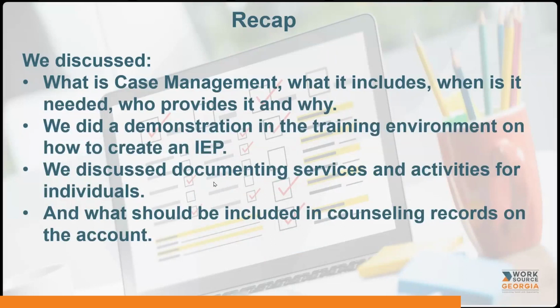We discussed documenting services and activities for individuals in addition to your IEP, and then what should be included in counseling records or the account, and making sure, again, that we're not putting in any PII in any of those notes. Again, that would be a secondary file that's outside of the system. We shouldn't be putting any HIPAA information in there.